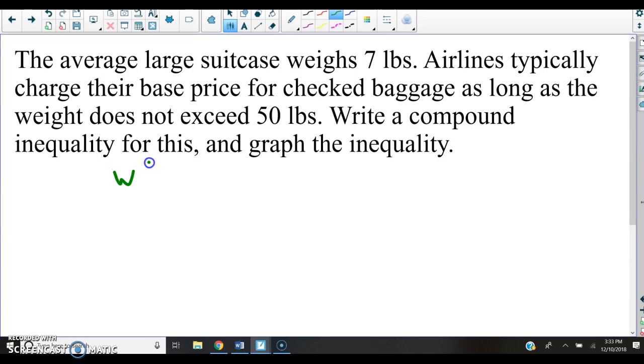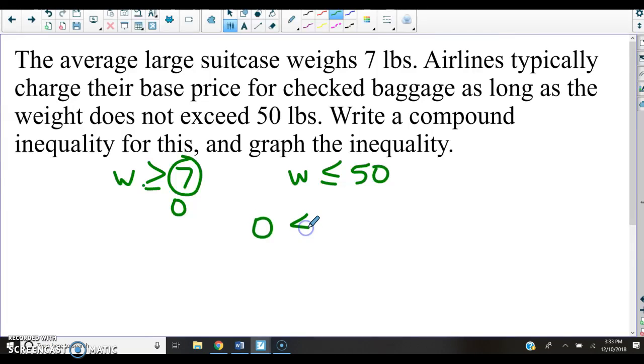Well, the weight is almost always 7 pounds. And then as long as the weight does not exceed, the weight has to be less than or equal to 50 pounds. Now, some people will say, well, what if I have a light suitcase? Some people are going to put 0 here. So the weight of your baggage is going to be from 0 to 50 pounds.